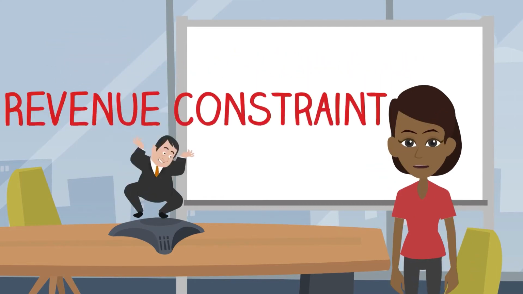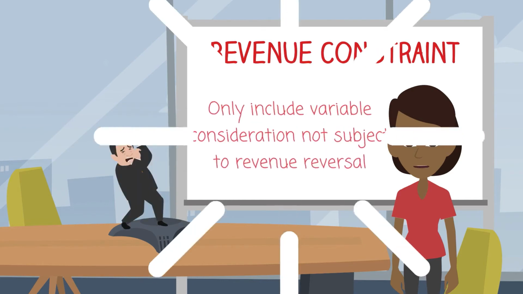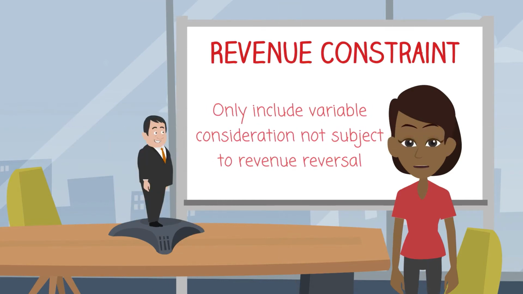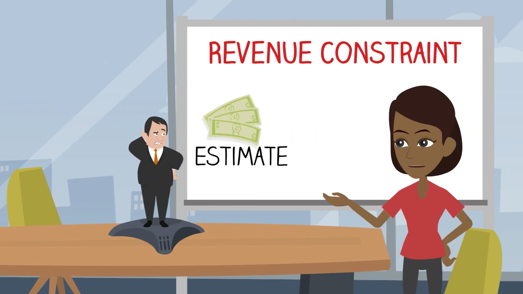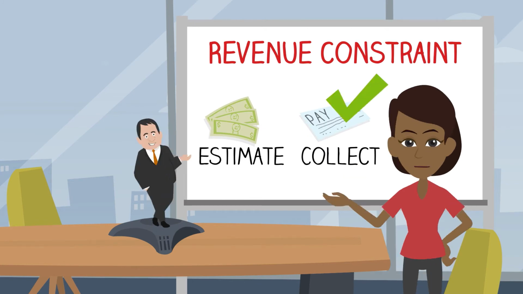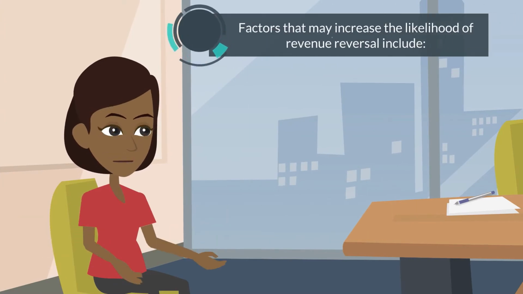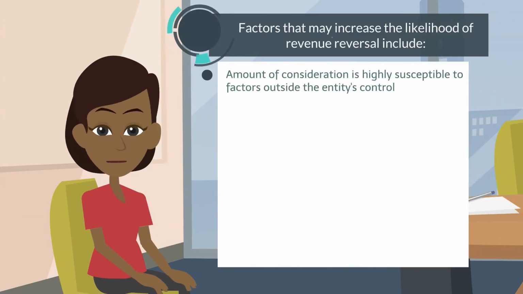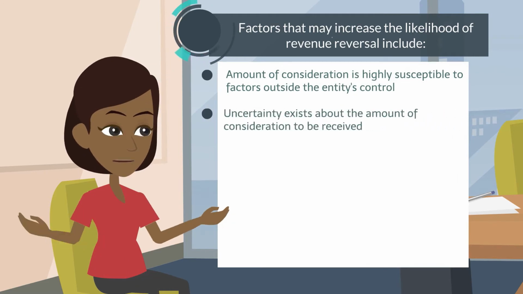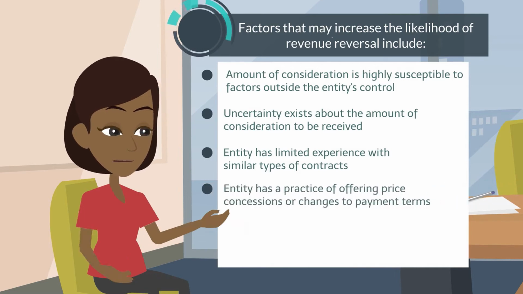Quite simply, the revenue constraint states that the transaction price should only include variable consideration not subject to significant revenue reversal. In other words, what entities estimate as the transaction price should be more or less what they actually expect to collect. There are several factors that may increase the likelihood of revenue reversal, meaning that if they are present, variable consideration should not be included in the transaction price. These factors are being presented on the screen now.